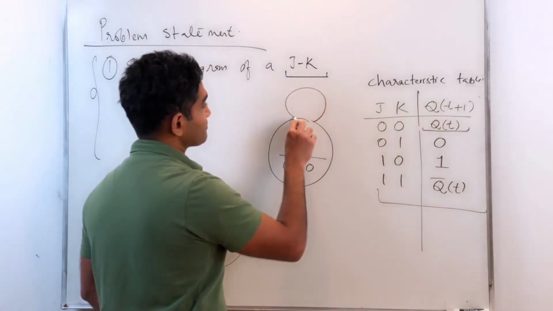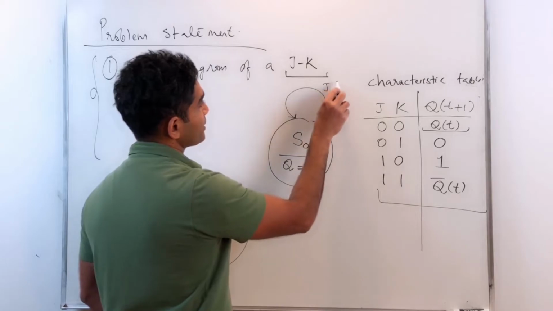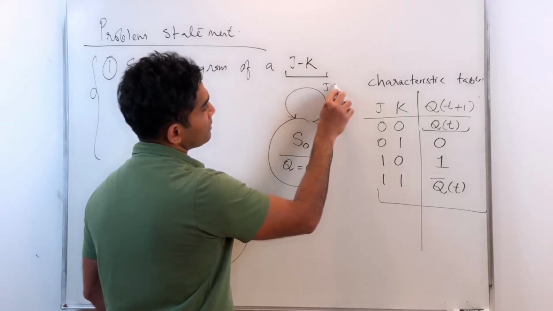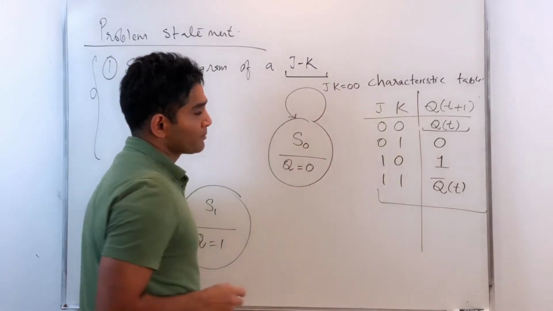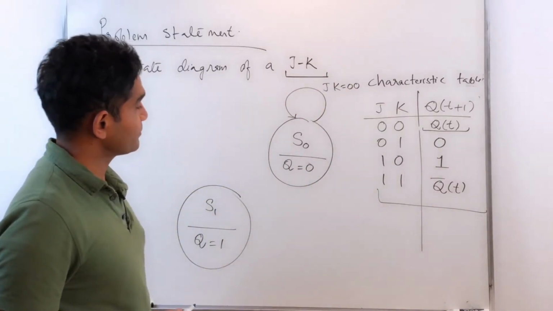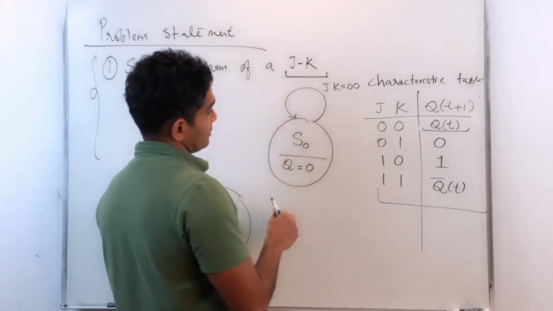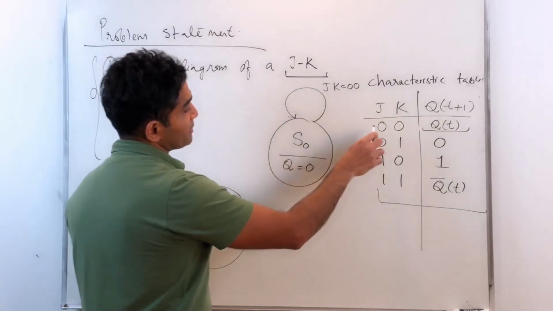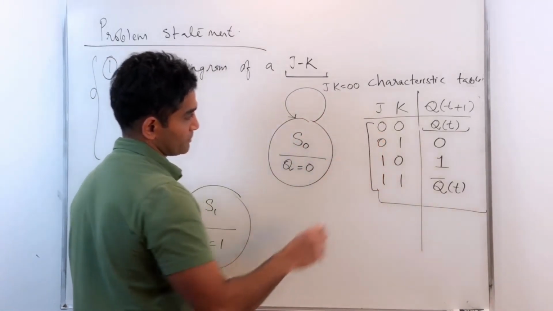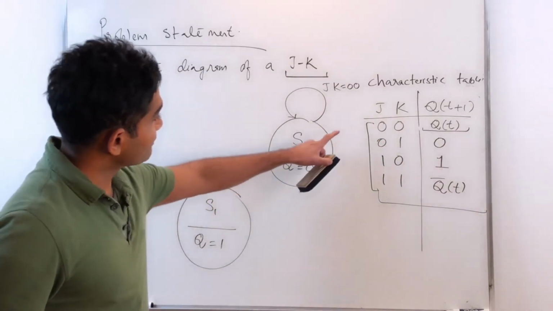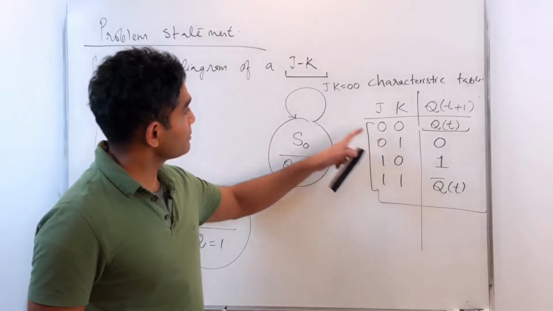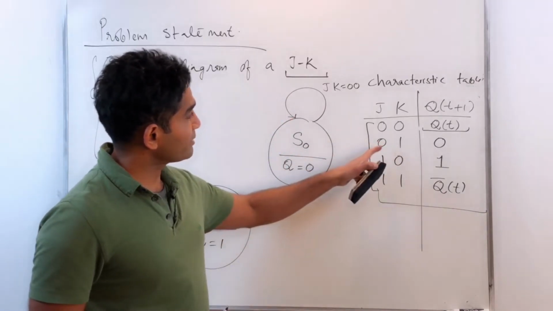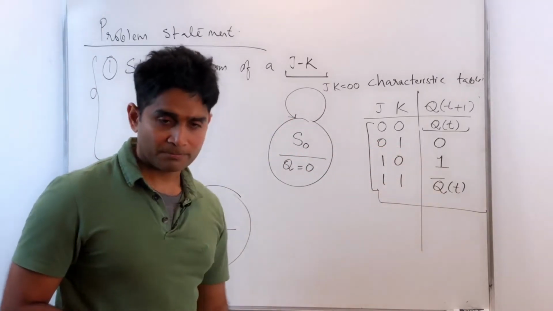So J and K equal to 0, 0 puts me back in the same state. So that's good. If I'm in a 0 state, now I need to exhaust all these combinations of the inputs. For a single state, I have to exhaust all these combinations of the inputs. So let's say I'm in this state and an input of 0, 1 occurs.